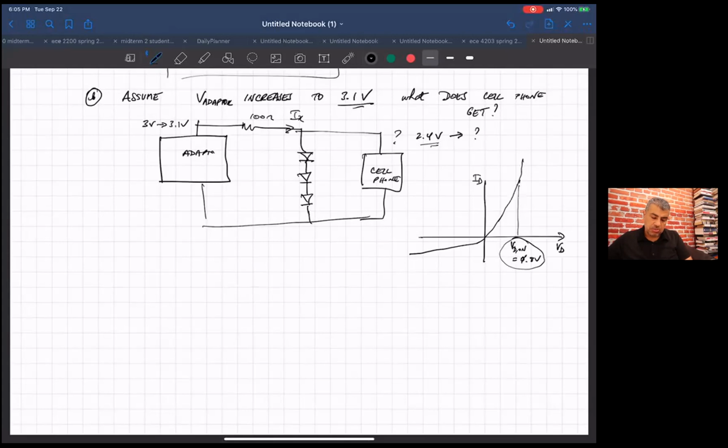So let's just start by assuming that the whole 0.1 volts goes across this resistor. We're going to assume to begin with that there's very little change to VD on, and then plug that number back into the equation and see, a sort of iterative procedure.